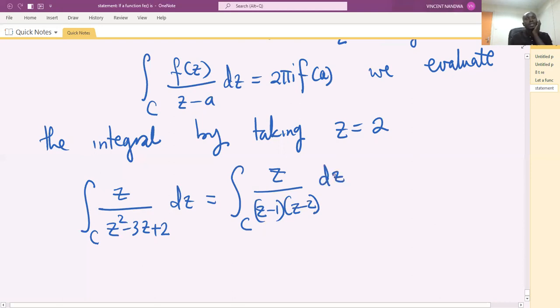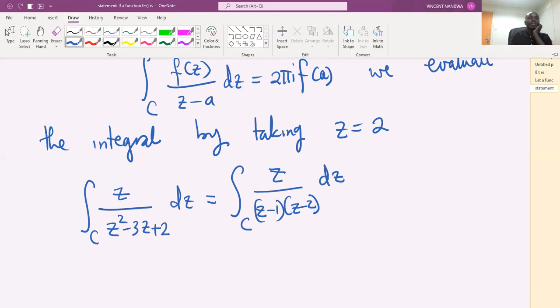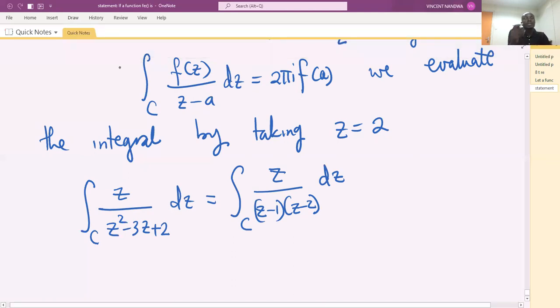Because the interest is to get only z minus 2 in the denominator, we can divide every term in the numerator and denominator by the other linear part z minus 1, which is the same as multiplying numerator and denominator by 1 over z minus 1. I will not have changed the structure of the equation.